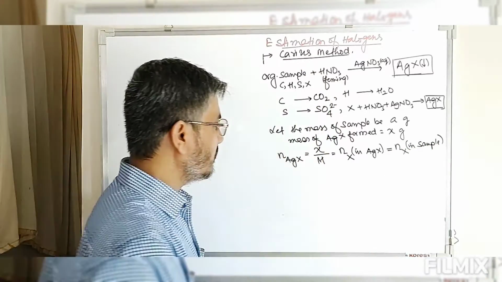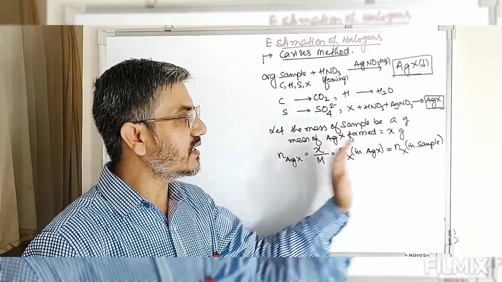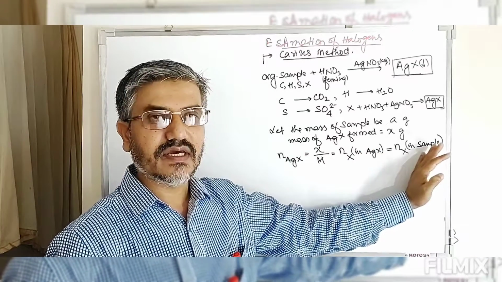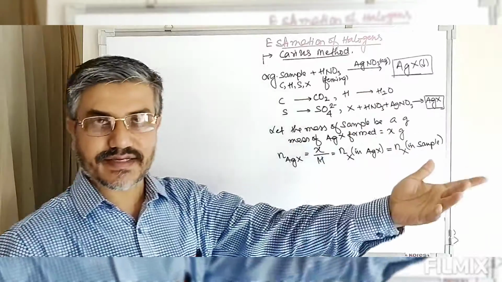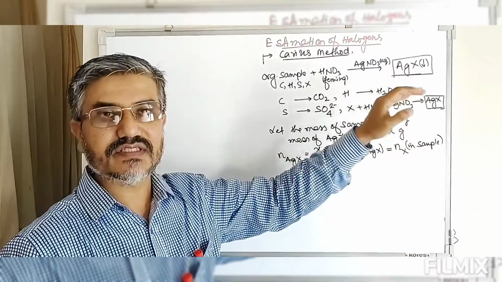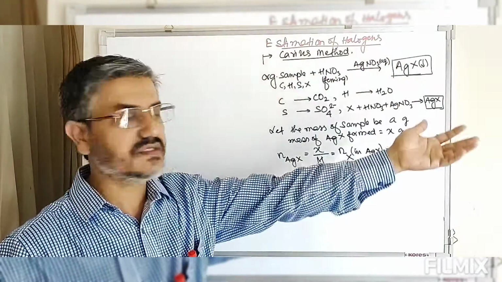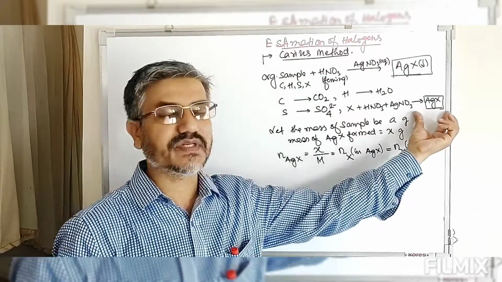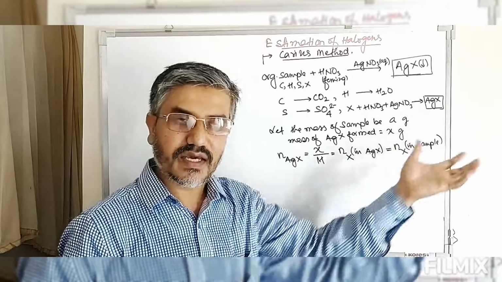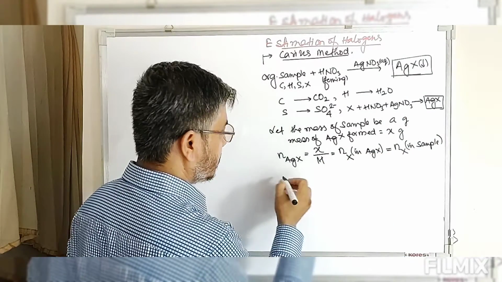So from the number of moles of this AgX obtained, we find the number of moles of halogen present in the organic sample, because in this reaction we are not adding halogen, we are just adding nitric acid and silver nitrate, and all the halogen present in the organic sample is precipitated as insoluble silver halide. So now we have this number of moles of halogen.